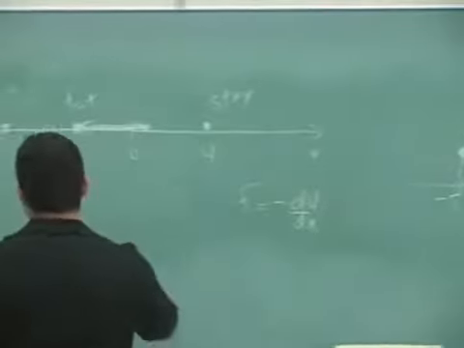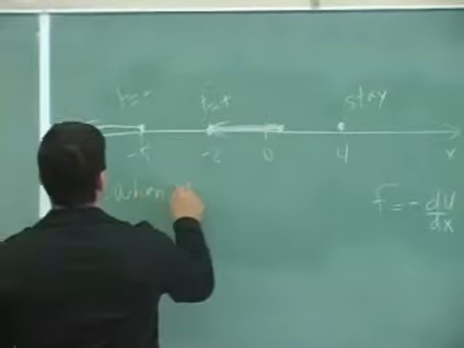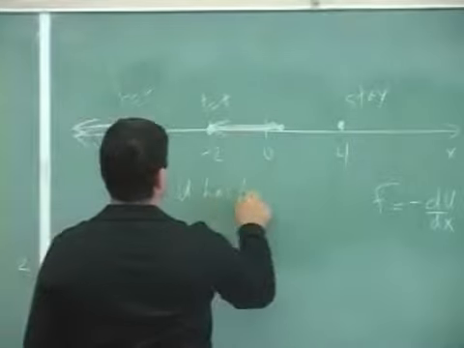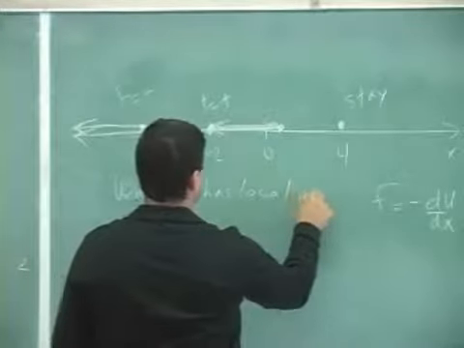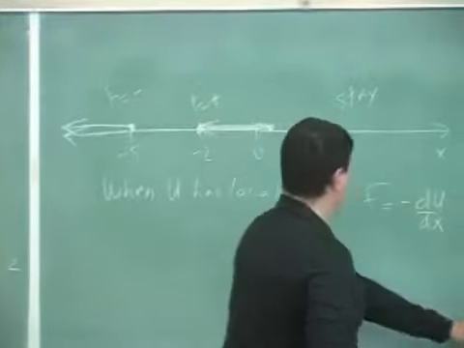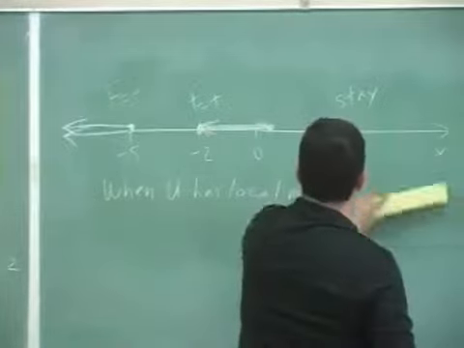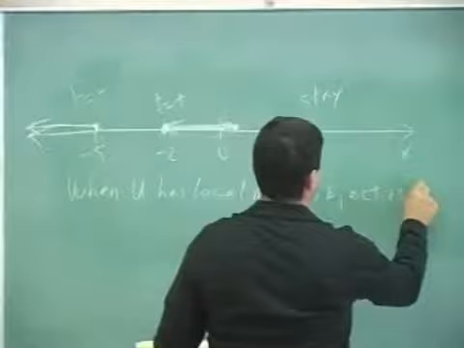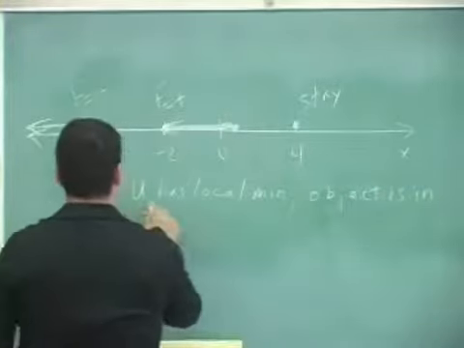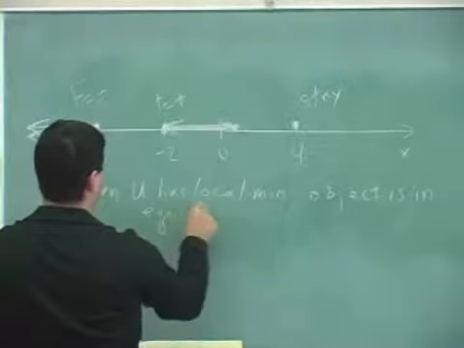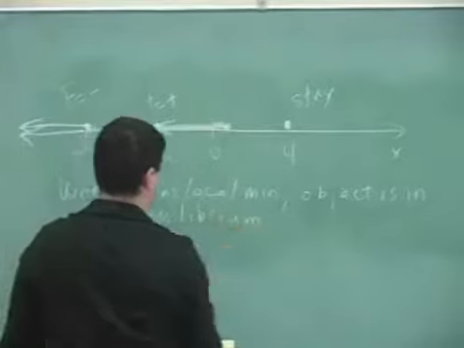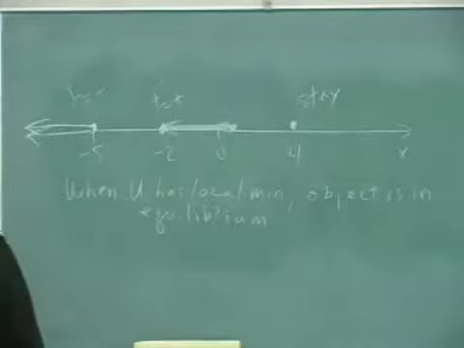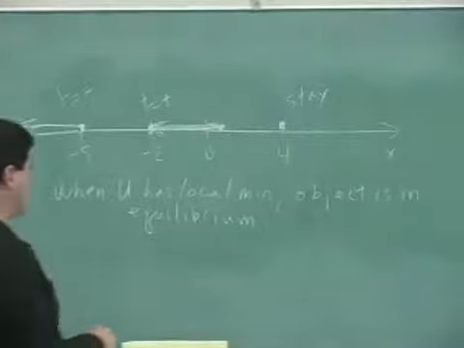You see? So when U has a local min, the object is in equilibrium.